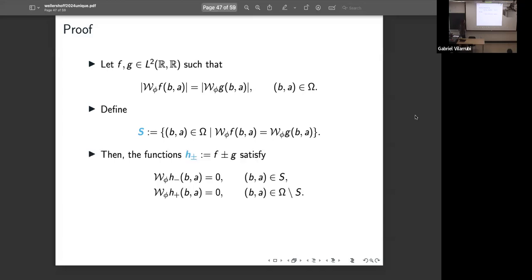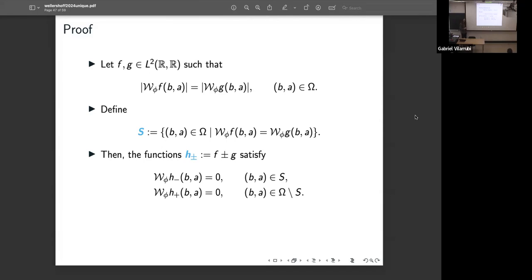Okay. Then I will define two functions, H plus being F plus G and H minus being F minus G. And if I think of F minus G, because the wavelet transform is linear, and because on S, the wavelet transform of F agrees with the wavelet transform of G, I must have that the wavelet transform of H minus must be 0. Okay? So that's just straight from the definition of the set S.